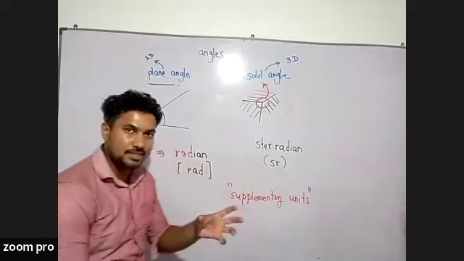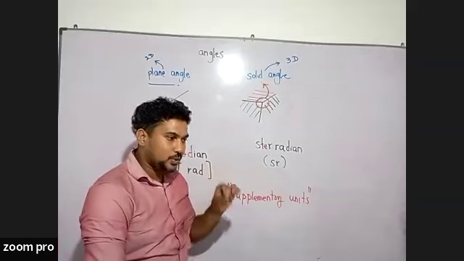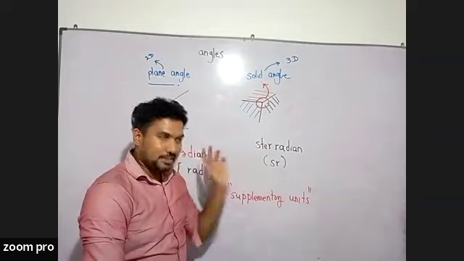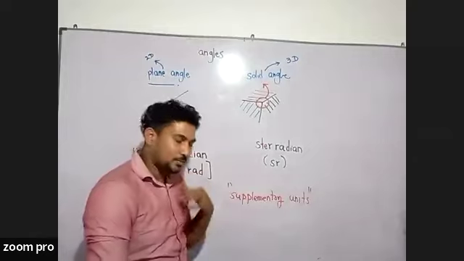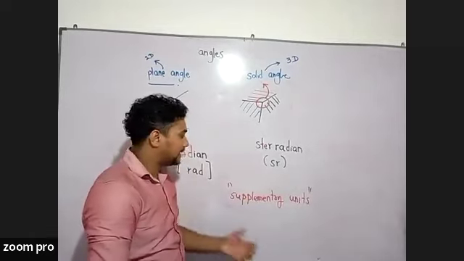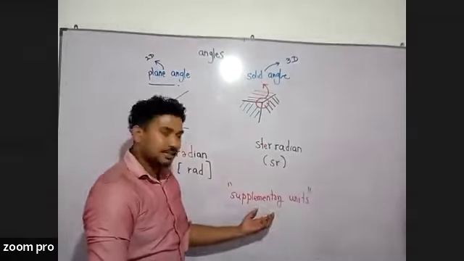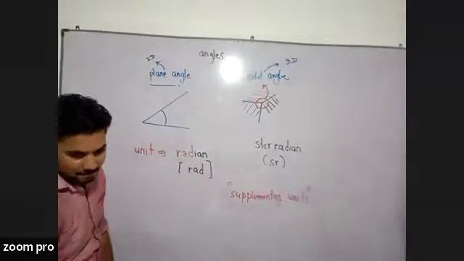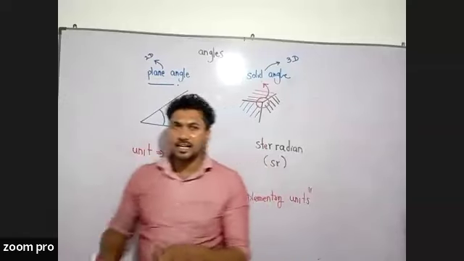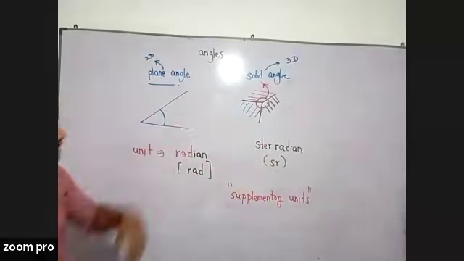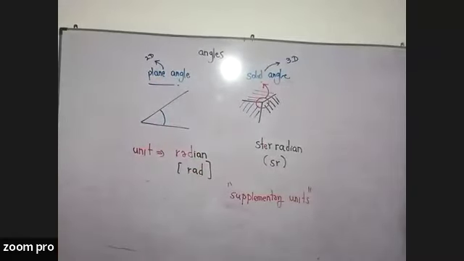There are certain instances where they can be used for other purposes, but generally we consider that supplementary units are used to measure angles, right? So I think you might have got a little bit of an idea about these two types of angles, right?